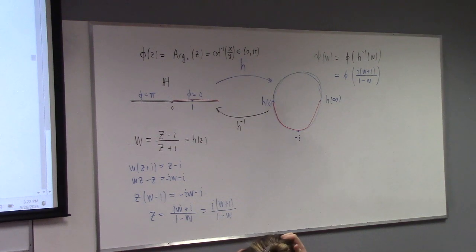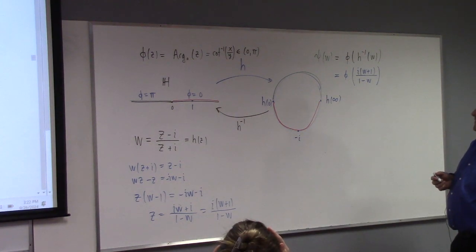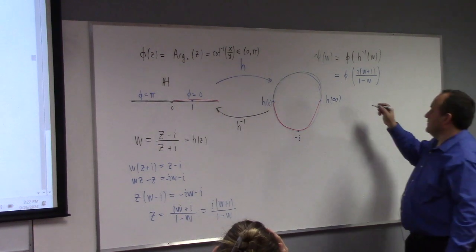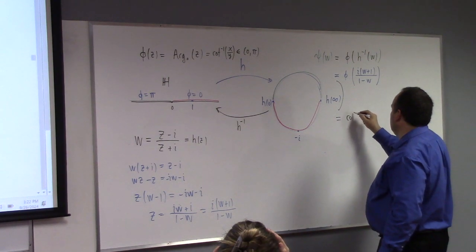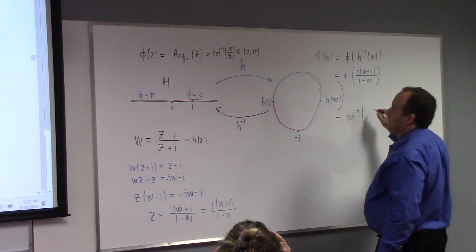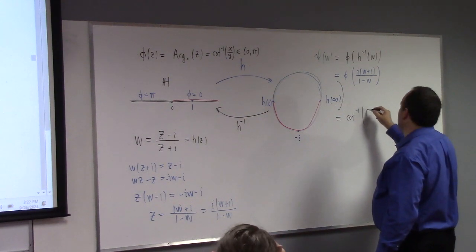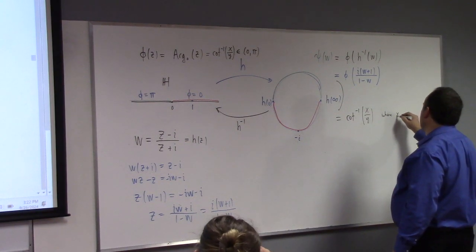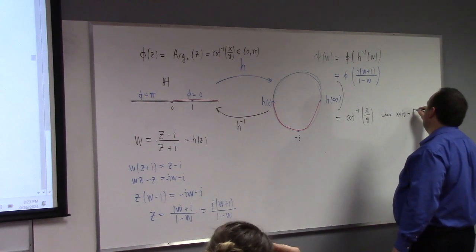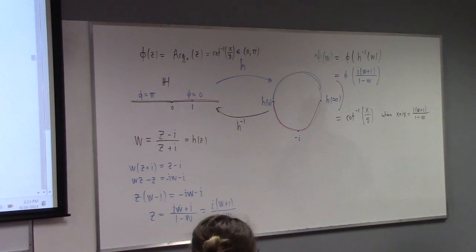And so to actually put this into practice, we'd actually have to work out what this is in terms of, so, all right, we want just inverse cotangent of x over y, where x plus iy is equal to I times W plus 1 over 1 minus W. How do we work that out?